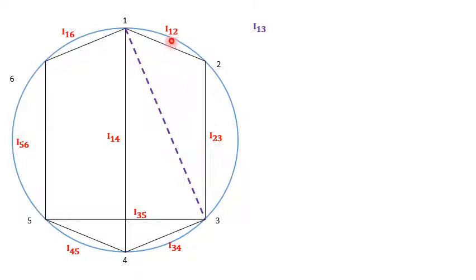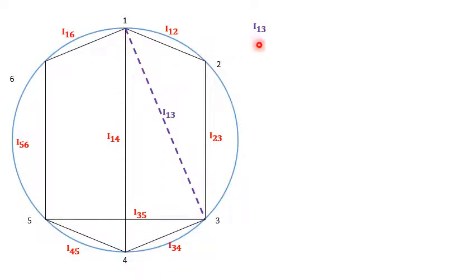In the upper triangle we have I12 and I23, whereas in the lower triangle, carefully observe, since we have so many lines, don't get confused. Be careful while selecting the points. This line separates two triangles. In the upper triangle we have I12 and I23, whereas in the lower triangle we have I14 and I34.